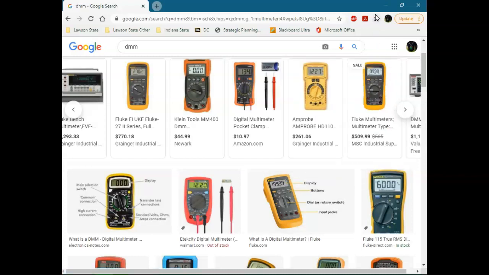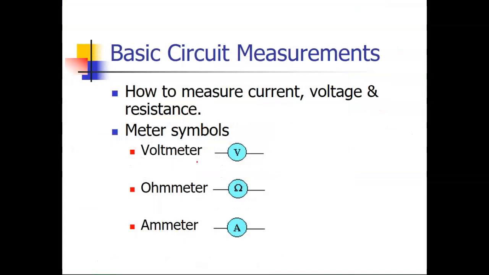So go ahead and be looking at getting your first meter, guys. As to how to use it, a voltmeter is placed across what you're measuring, and this one has power on.